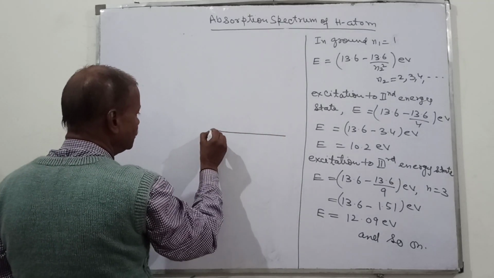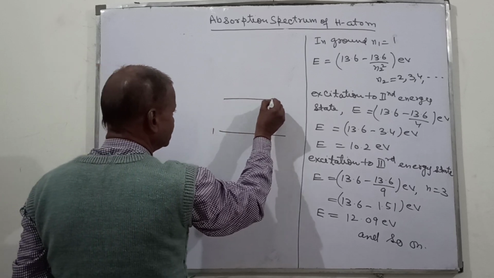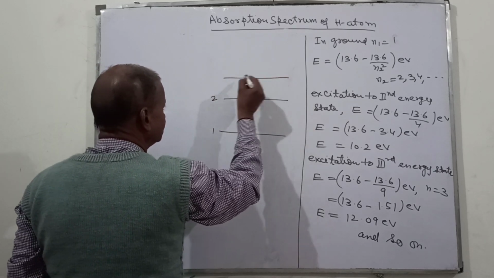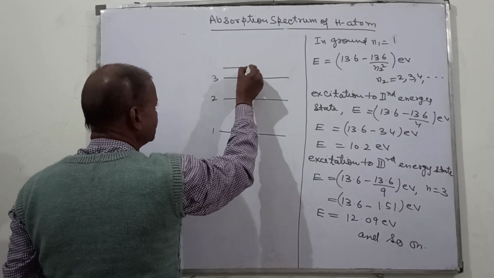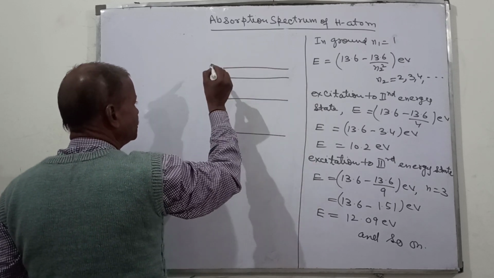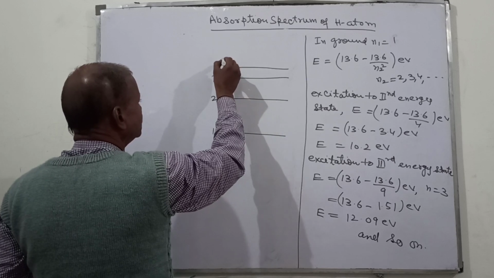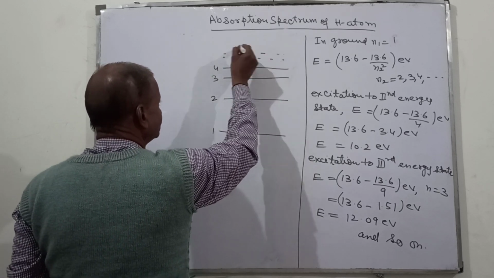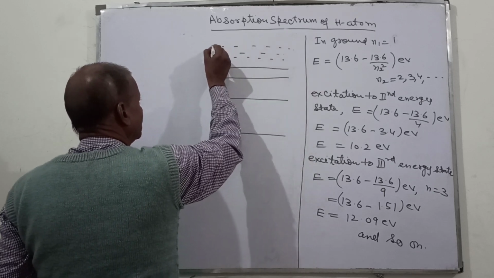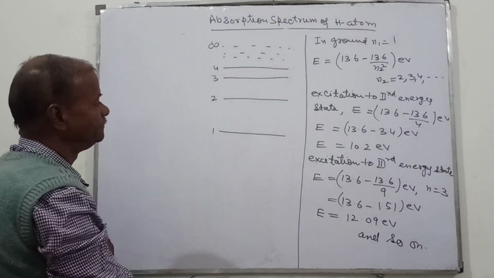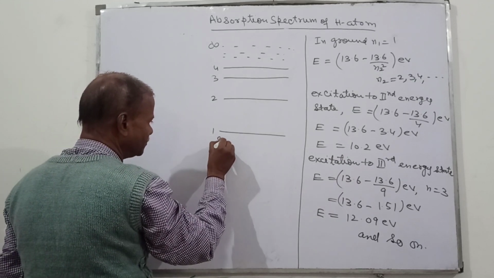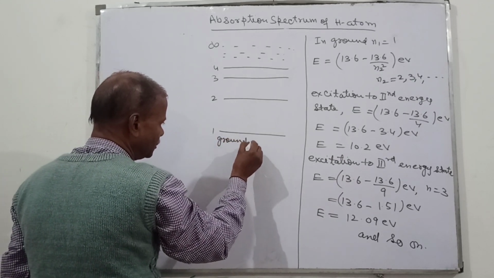This is the first energy state, this is the second energy state, this is the third energy state, this is the fourth energy state, and so on. This continues up to infinity. This is the ground state.